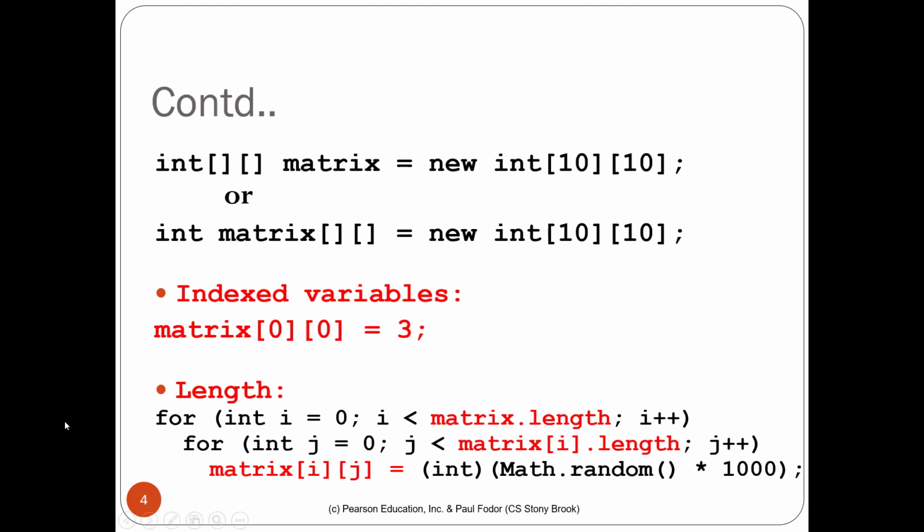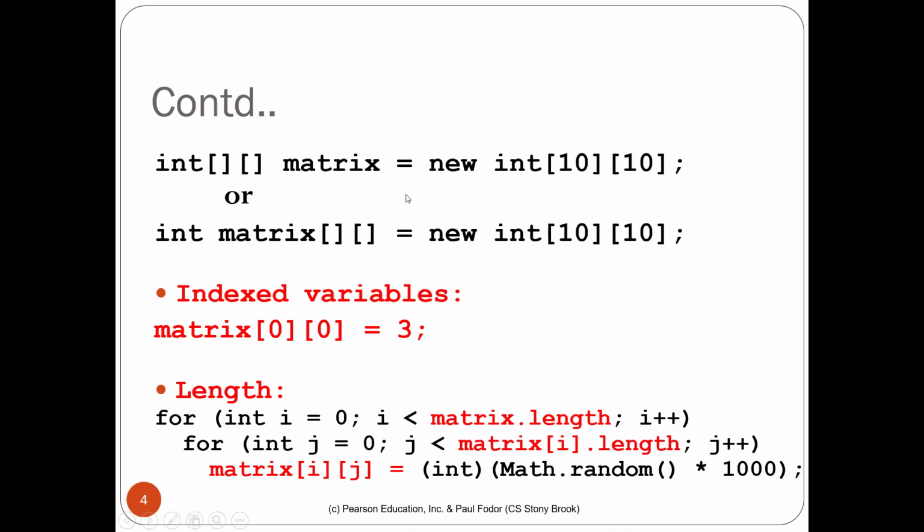Now if we have to create a two-dimensional array that we are calling matrix, which will hold integers, and we know that its size should be 10 by 10, then that's how we should be doing it. int square brackets, name of the variable, we are calling it matrix, is equal to new int 10 in the first square brackets, 10 again.